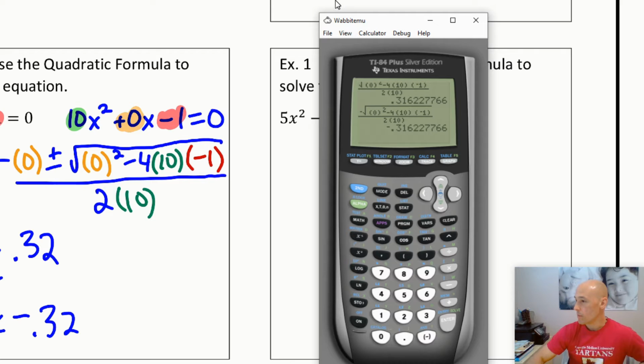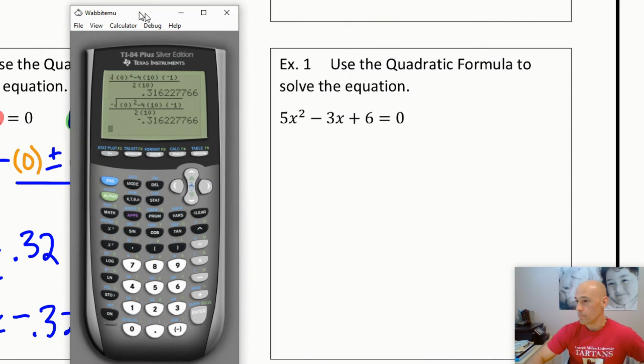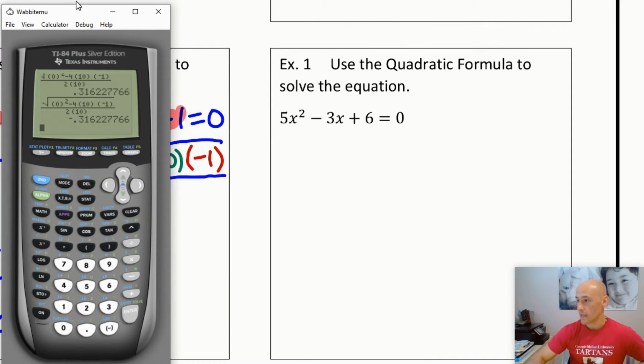All right, so now I hope that maybe you have the quadratic formula memorized. Probably you don't. X equals negative b plus or minus the square root of b squared minus 4ac, over 2a. Here's our A, here's our B, here's our C. This is a great example because we have our negative, but our B is negative 3.